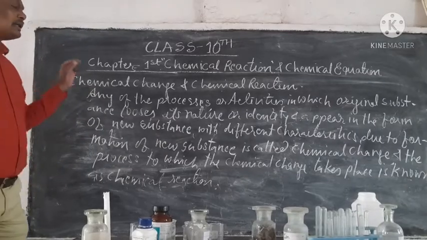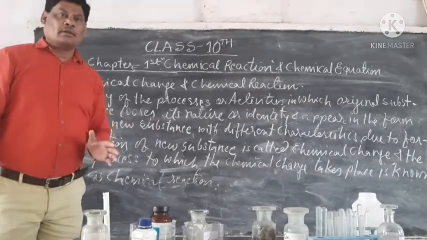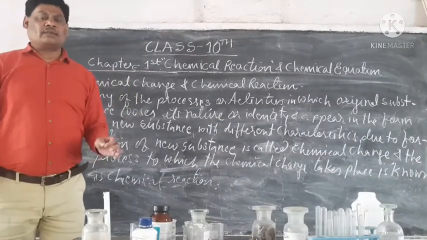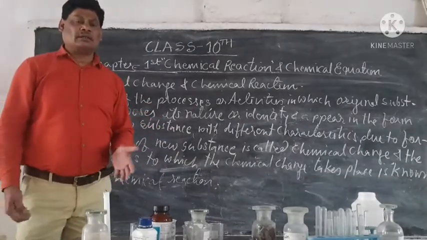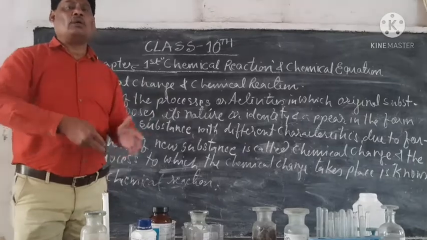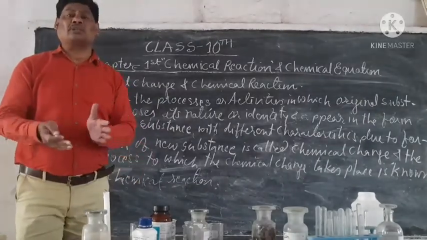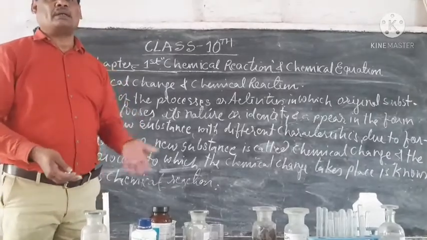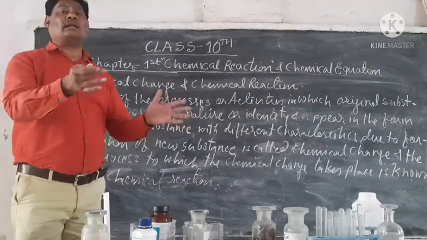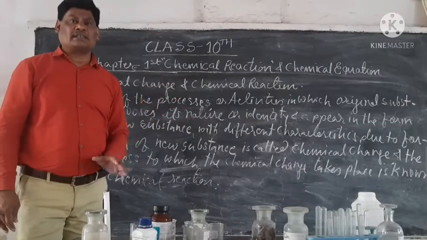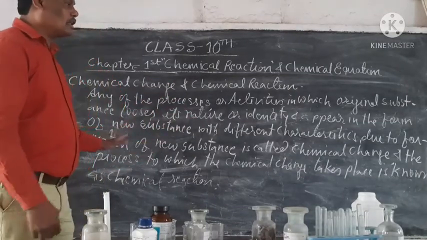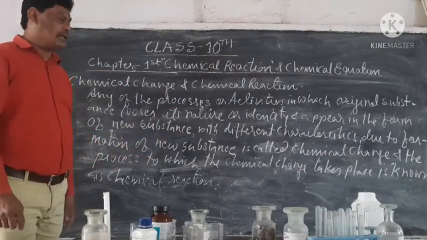Students, in a chemical reaction, the original substance is converted into a new substance. It forms a new type of substance with very different properties as compared to the earlier pure substances. This process is known as chemical change or chemical reaction.